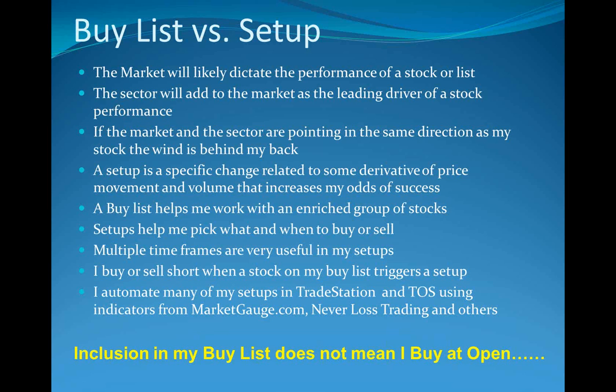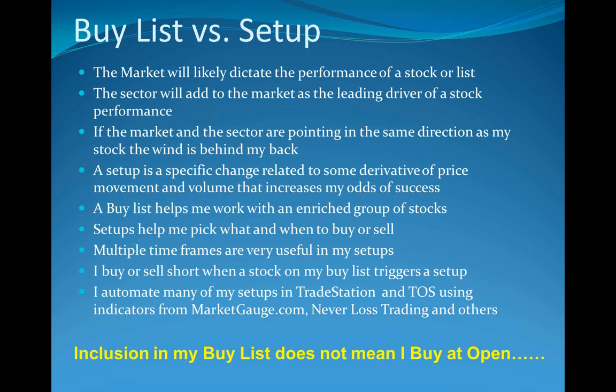I'm going to look for specific setups that tell me what to buy and sell, and that's what we're going to do tonight. I'm going to look at multiple time frames, and I'm going to look for triggers that tell me when to pull the trigger, so to speak, and buy or sell.